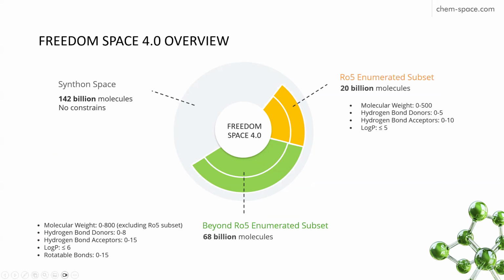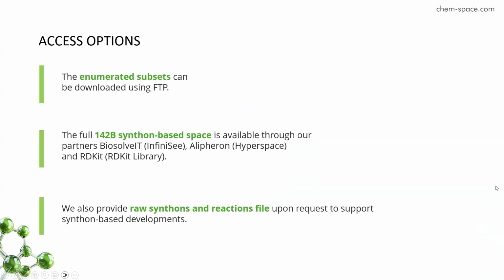Seeing the demand among customers for larger molecules, beyond the rule of 5, to address more challenging targets, PPI interactions, and also proteins which have shallow surface pockets, we also enumerated a second subset, called the beyond rule of 5 enumerated subset, which is 68 billion molecules.